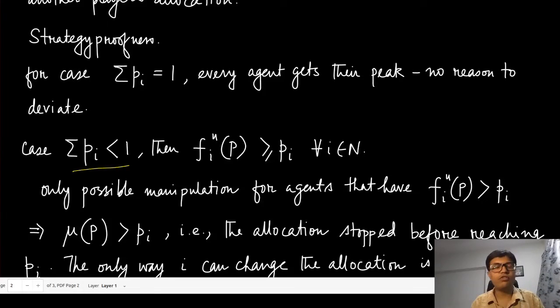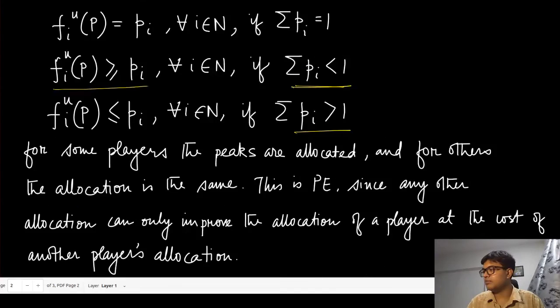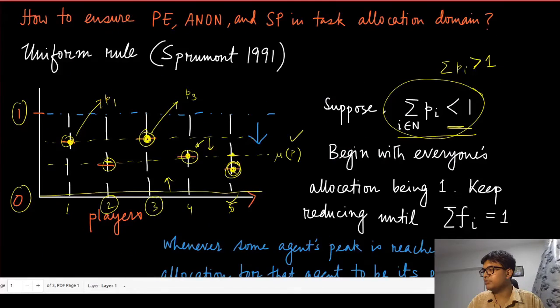So this uniform rule is essentially over allocating the jobs to certain agents, not for all agents. Now, because this is where the thread stopped, you remember that this is the case where the thread was coming from the top. Let us go back to that example. So the thread stopped somewhere here.